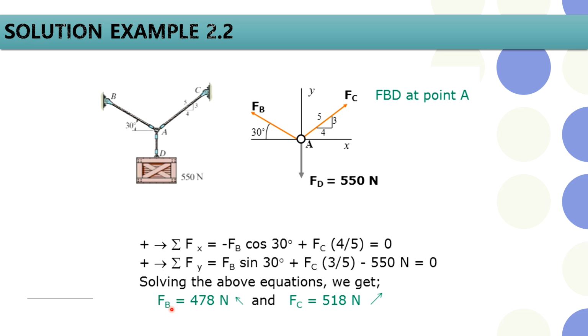In this case, the force at point B will be directed following the arrow shown here, and for point C, the force will act up to the right, in the upward position. So you notice both answers are positive, meaning the directions we assumed on the diagram were absolutely correct.